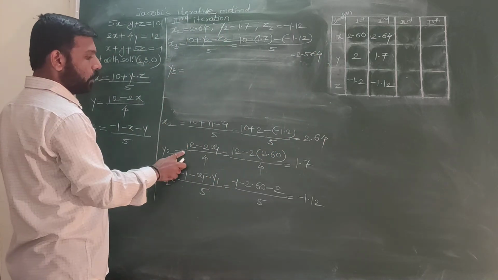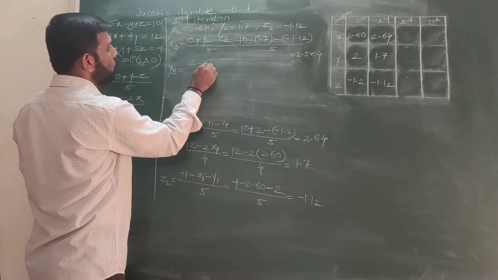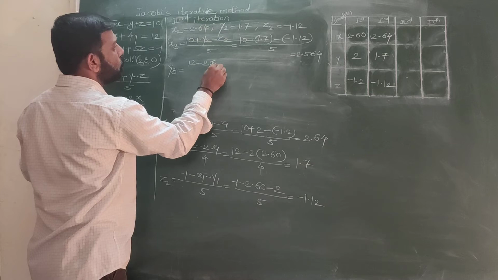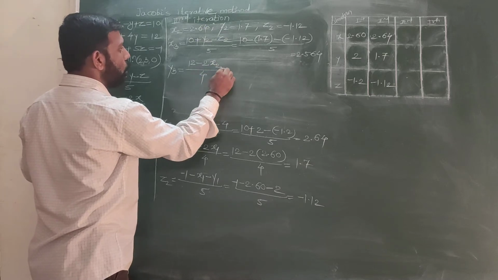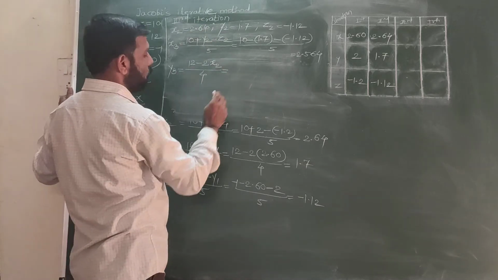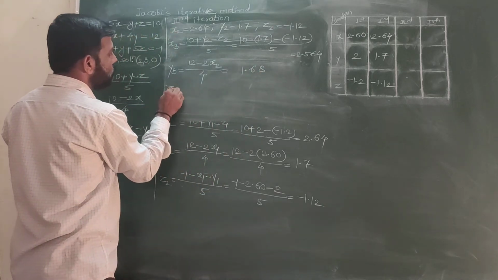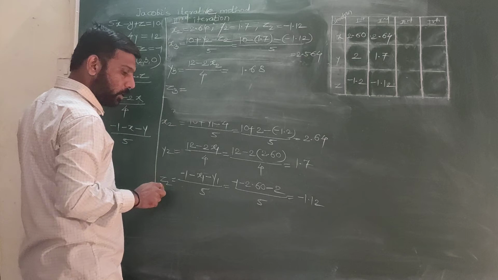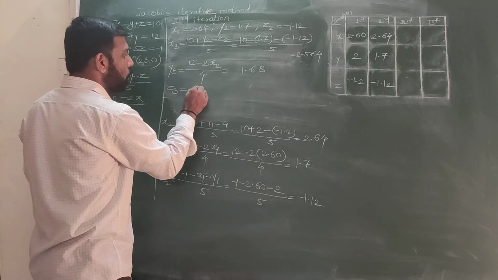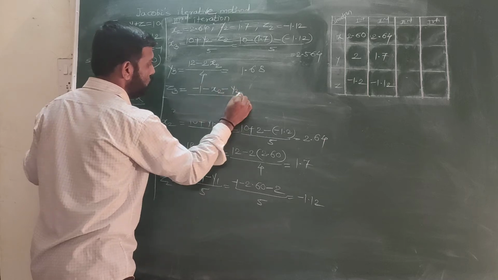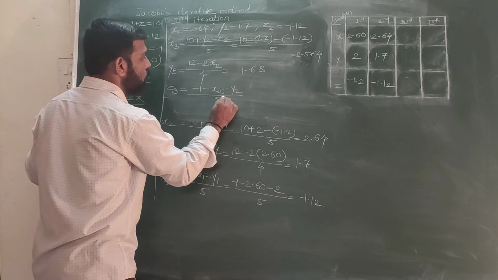y3 equals (12 minus 2x2) divided by 4. Substitute your x2 value, then y3 becomes 1.68. z3, the third value formula: (minus 1 minus x2 minus of y2) divided by 5.